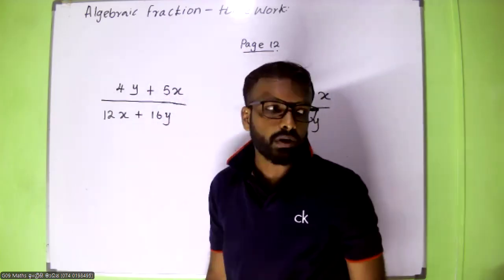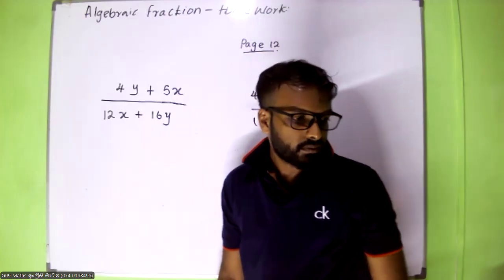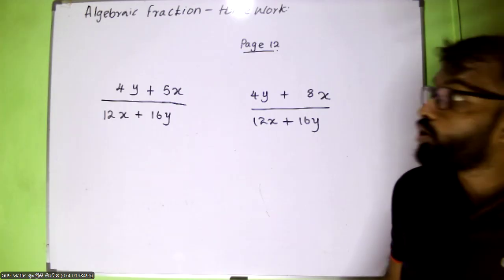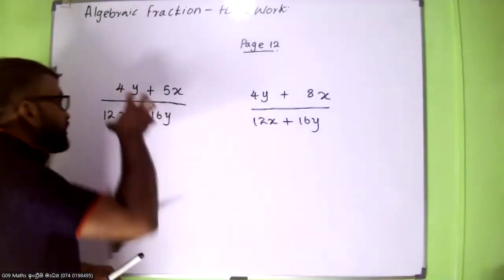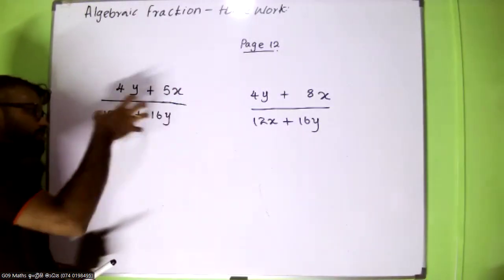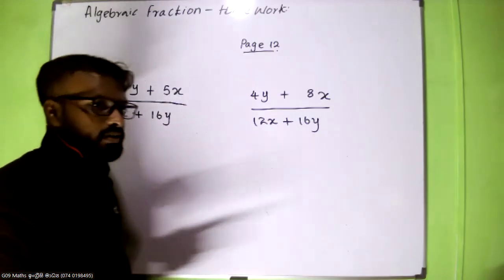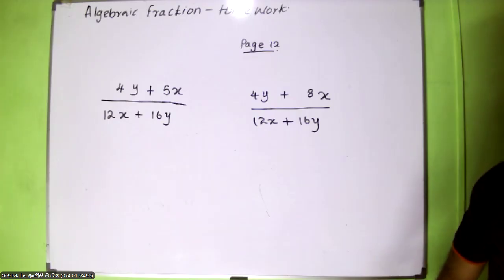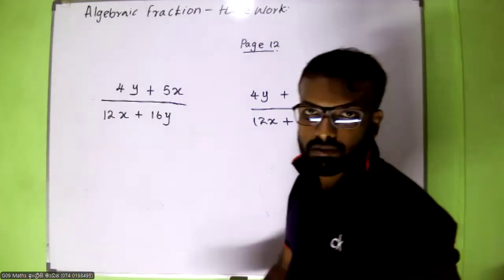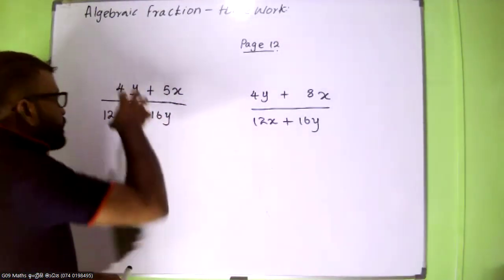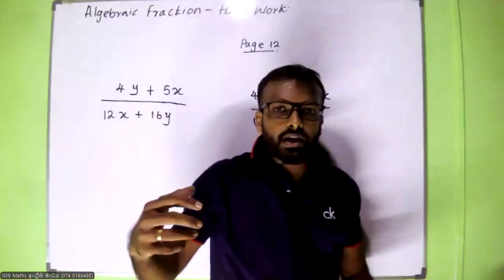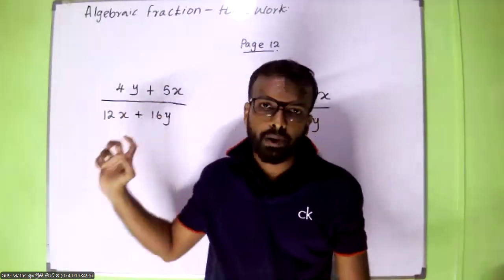There are 4 terms: 4y, 5x, 12x, 16y. Yes, the answer is 4 terms. So first term, second term, third term, fourth term. In the numerator and the denominator, you have 4 separate terms.